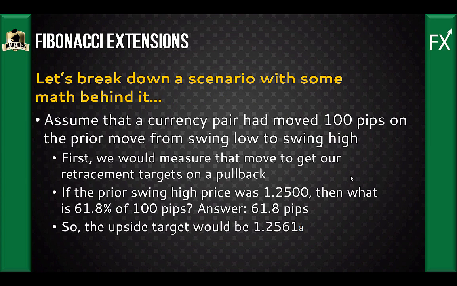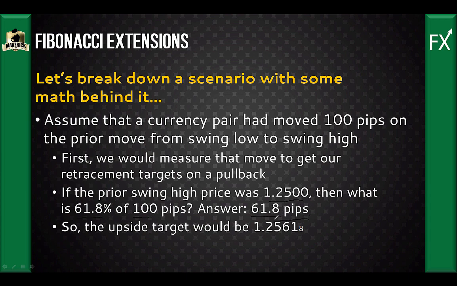Let's break down a scenario with some math behind it. If you have a currency pair that just moved 100 pips from its swing low to its swing high, first we'd measure that move to get our retracement target, so we know it's 100 pips. Well, what's 61.8% of 100 pips? Well, it's 61.8 pips. So if the prior high was 1.200, then this should move 61.8% of the prior range, which was 100 pips, or 61.8 pips beyond that.